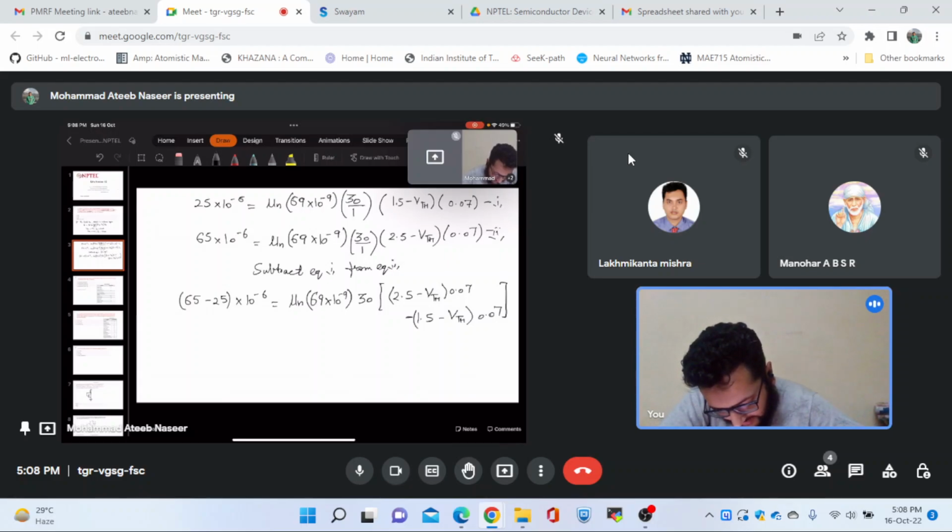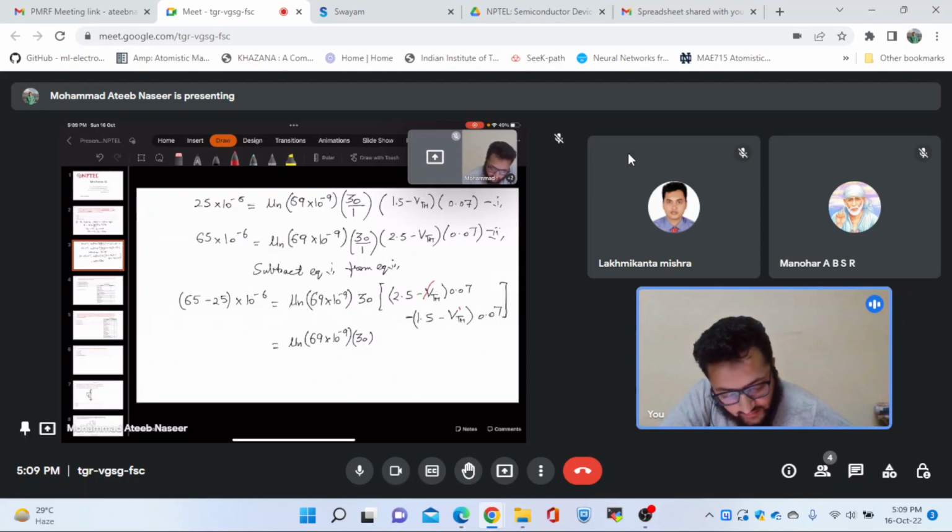Let us keep it as it is. So this will become mu n 69 into 10 to the power of minus 9 and 30, and this VTH and VTH will go, because this is 2.5 into some number 0.07, and this is minus VTH into 0.07. Similarly, we will be having some number minus 1.5 into 0.07, and we will be having plus VTH into 0.07.